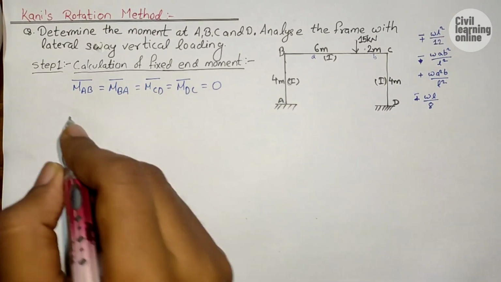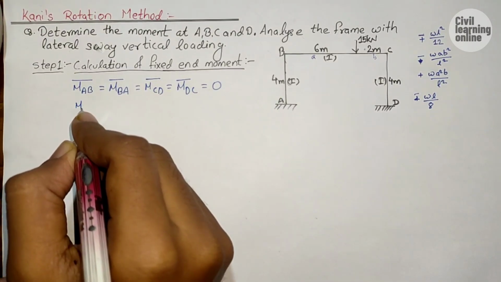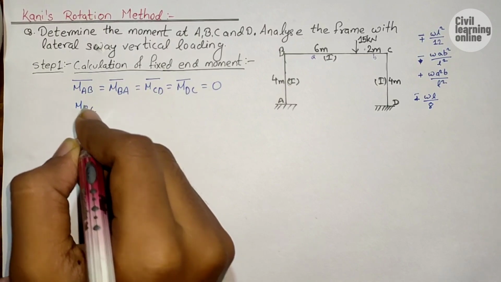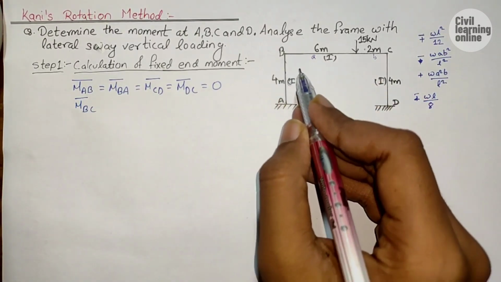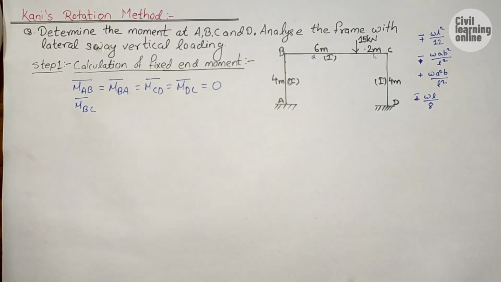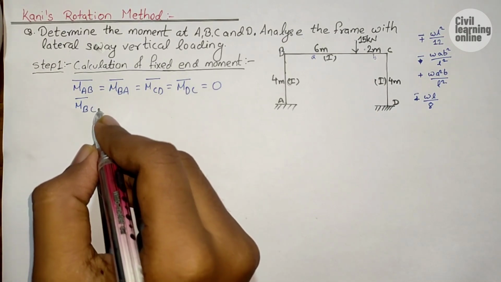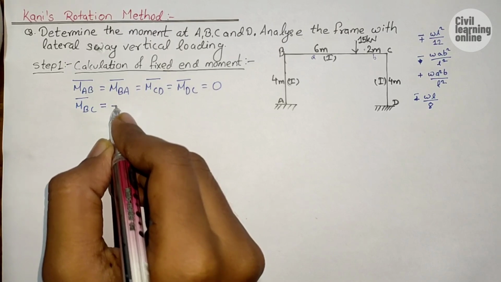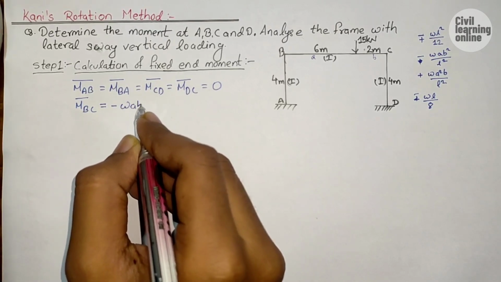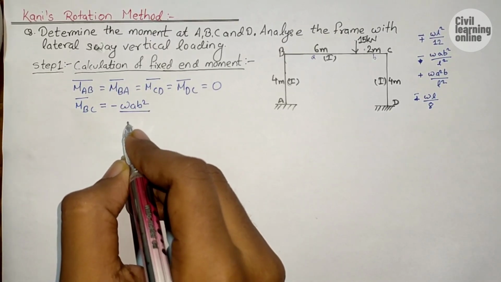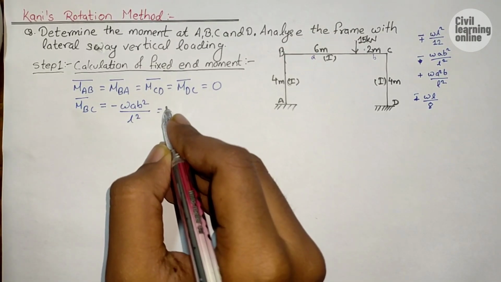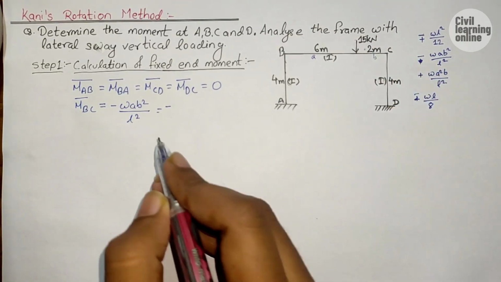Now guys, if we consider span BC, so MBC, what I said, left to right. While finding the moment from left to right, we take the negative sign. So MBC will be equal to minus WAB square by L square. So put down the value of W, and we have W equals 15 kilonewton.